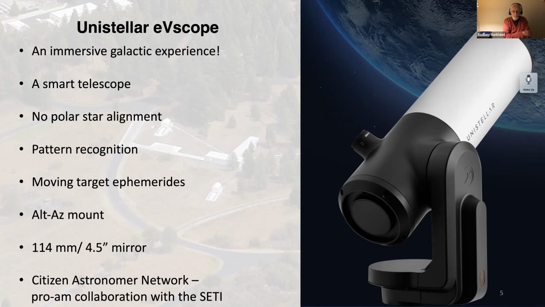And of course, also given the fact that the innovators of the EV scope by now have managed to seed every continent with a good number of these devices, it could be used for tracking very long duration transients by handing over from one group of Unistellar devices to another group in a different continent. So it has some promise, although I have to warn you, it's a fairly expensive Christmas gift.